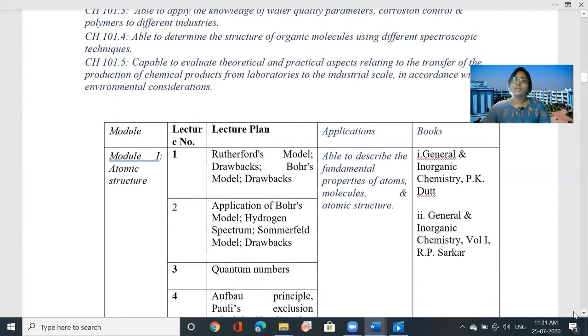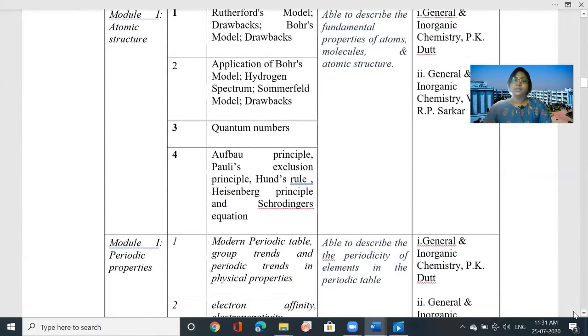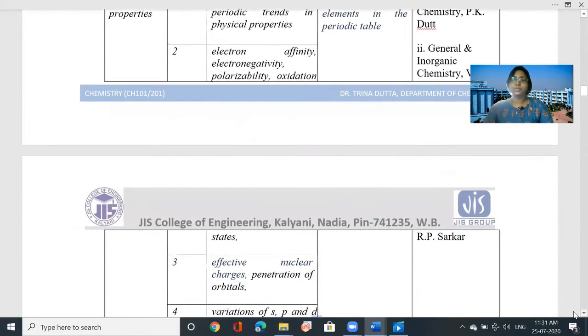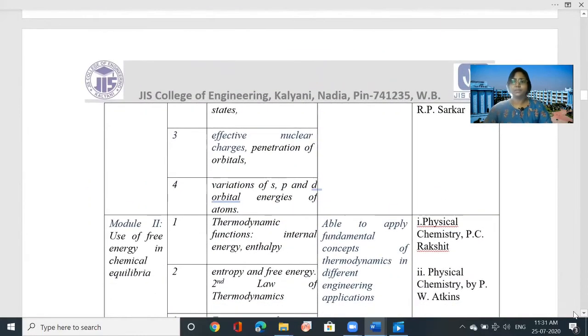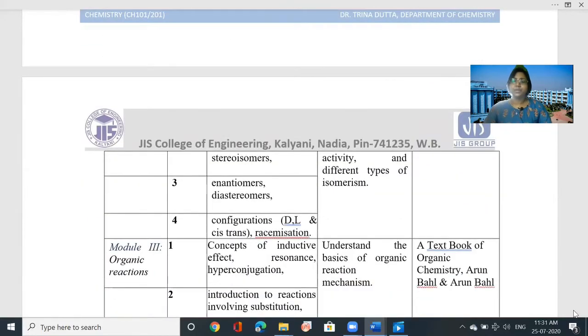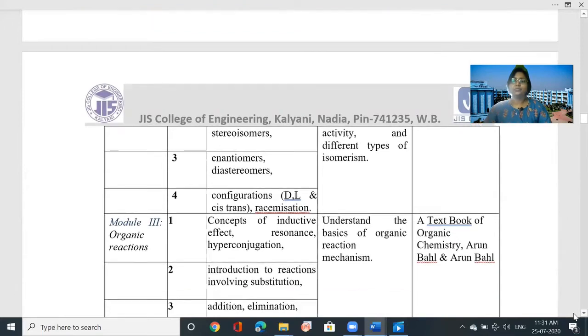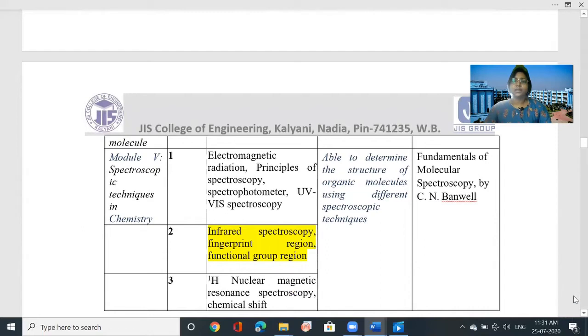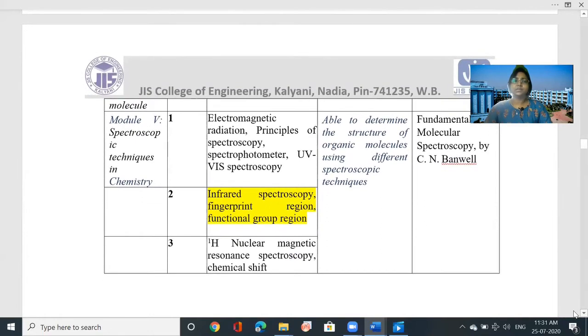Here the entire lecture plan is given so that you can understand which topics will be covered on which day. Our module, spectroscopy, is the last module, the 5th module: spectroscopic techniques in chemistry.